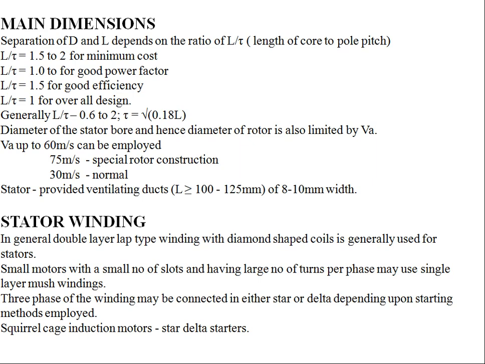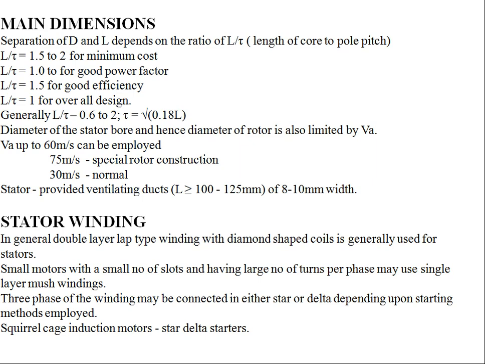So here are a few values of L by tau for different requirements. If you are going for a minimum cost machine, if cost is the main criterion, then we take the ratio of L by tau to be 1.5 to 2.